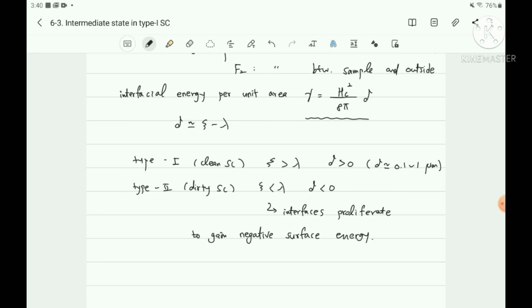We call it a vortex. Therefore, in a type 2 superconductor, the quantized magnetic field penetrates the sample, and the vortex dynamics is a very interesting topic in superconducting materials.